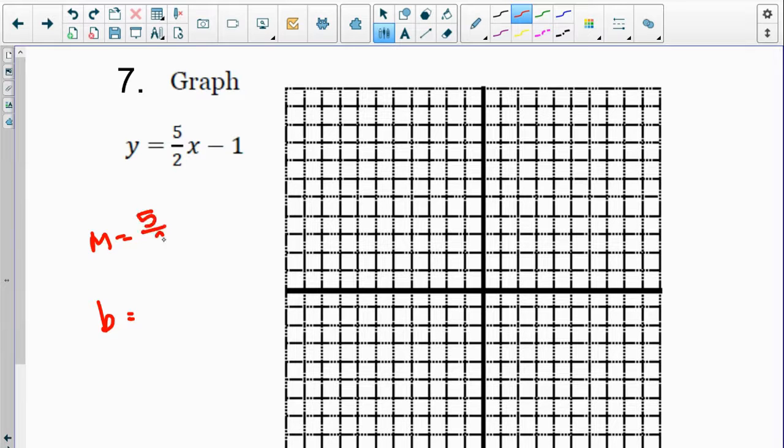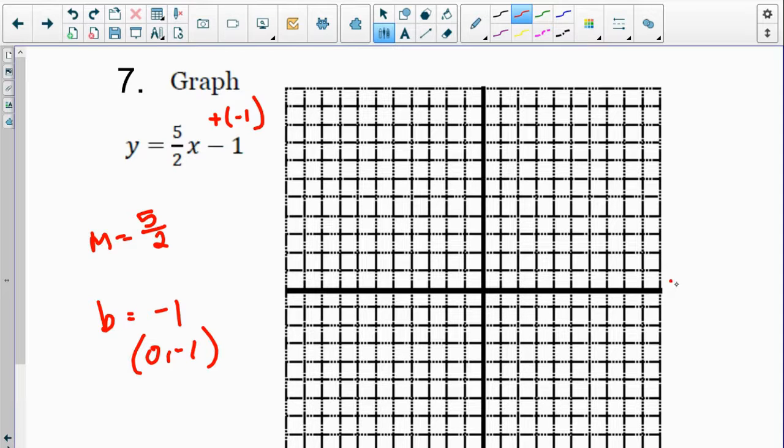So that's the fraction 5 halves. The y-intercept here is the value that's being added after that. Because it has a minus 1, that's like plus a negative 1. So the y-intercept is actually negative 1. Remember that that is the ordered pair (0, negative 1).